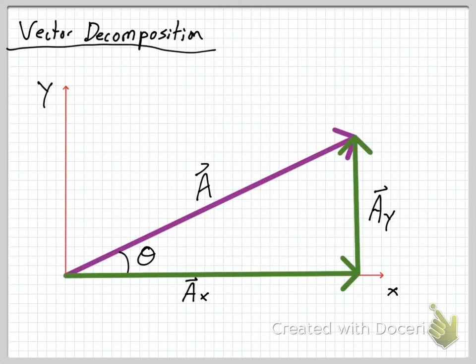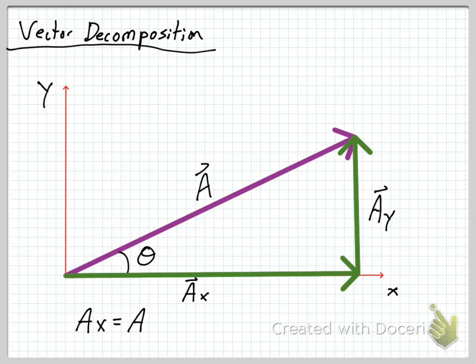So how can we solve for the magnitude of the vectors? Let's just start with vector ax. What is the magnitude of that in terms of what we were given, the vector A and the angle theta? Well, the magnitude of the vector ax is going to be the magnitude of A multiplied by some trigonometric term dealing with this angle theta.